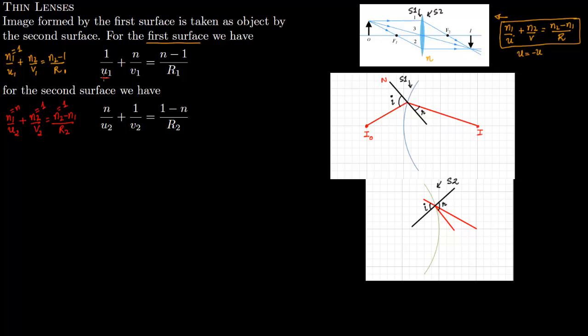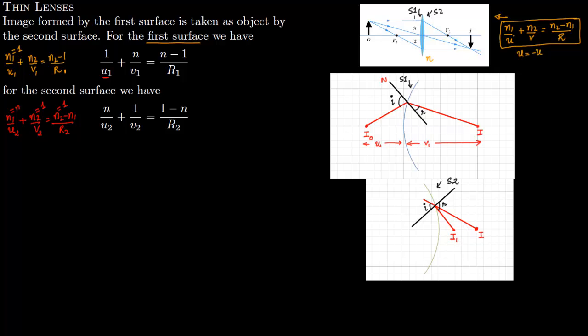Again, u1 is where the initial placement of the object is, and the image formed is at v1. This is where the image was formed. Now there are two ways to think about it. Either you think that this image is being seen by the second surface, and then you get the final image here.